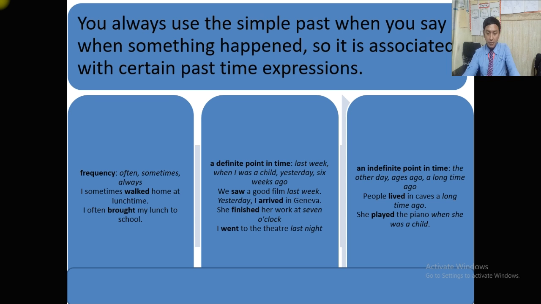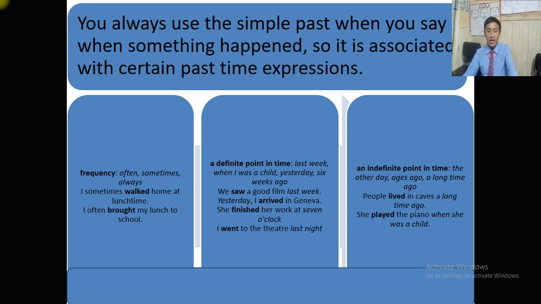Now continue. She finished her work at 12 o'clock. This question can be asked too: when did she finish her work? And you can say that she finished her work at 7 o'clock. 7 o'clock expresses time. So clear.